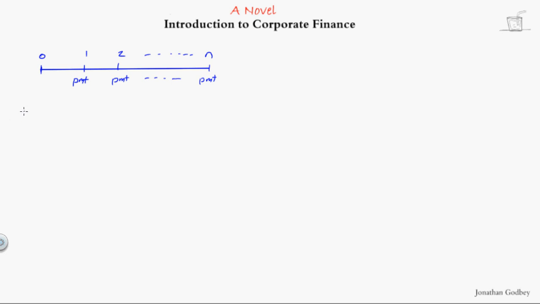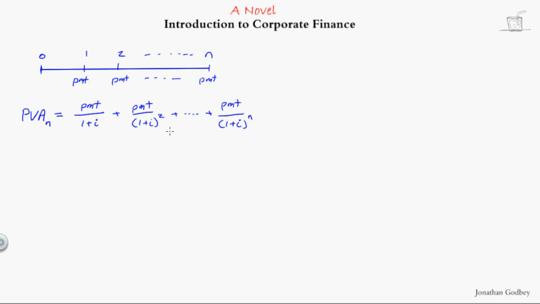So let's work through this together. The present value of an annuity with n years, PV_n, is going to be equal to the payment divided by 1 plus I to the first, plus the payment divided by 1 plus I squared, plus, keep going, and finally the payment, and I don't know how many there are, divided by 1 plus I to the n.